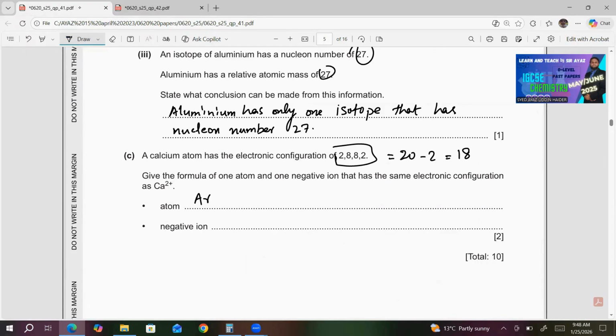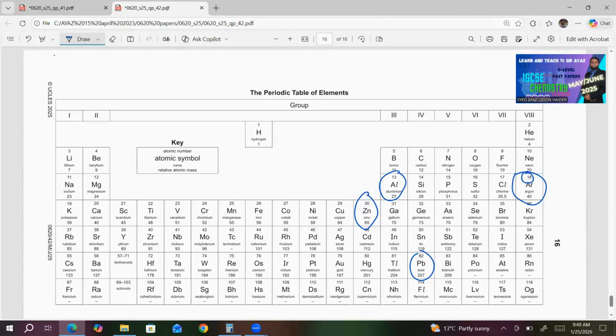What about the negative ion? A negative ion means the atom that will form a negative ion after gaining electrons, and that must have the same number of electrons or the same electronic configuration as the Ca2+ ion. Calcium is in the 4th period, so we have to look for the elements in the 3rd period, that is non-metals, that will form this negative ion after gaining electrons.